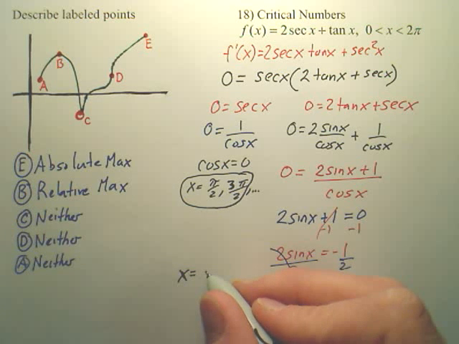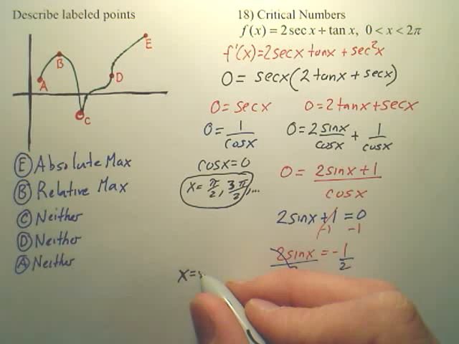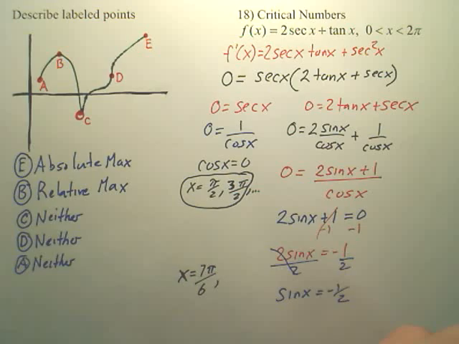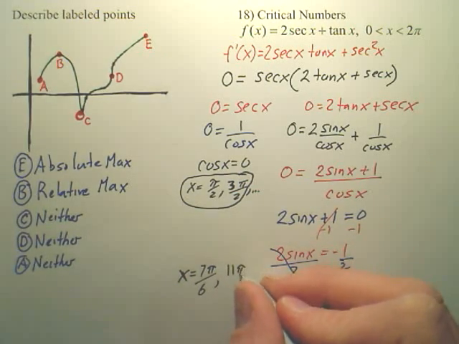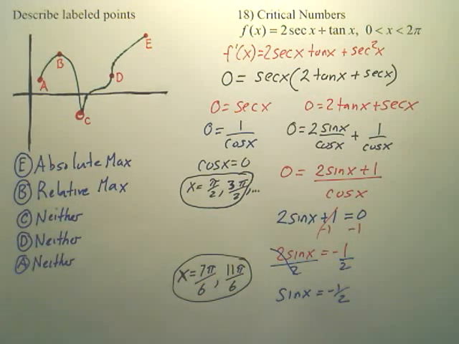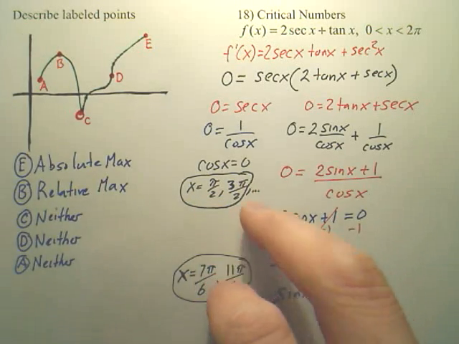Is it 5 pi over 6? 7 pi over 6. 7, thank you. 7 pi over 6 and 11 pi over 6 are the two where sine is equal to negative 1/2. So those would be your other critical numbers. So these are critical numbers. These are possible hills and valleys, okay, or other critical information about these, or important values we'll talk about more as we go on.